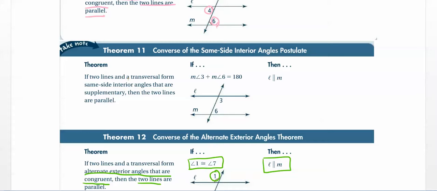This is saying if two lines and a transversal form same side interior angles that are supplementary, so add up to 180, then the two lines are parallel. So if angle 3, say, is 100 degrees, and angle 6 here is 80, then you can see that 100 plus 80 equals 180. So they would be supplementary. That would make the lines L and M parallel.